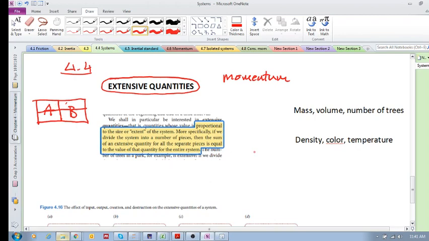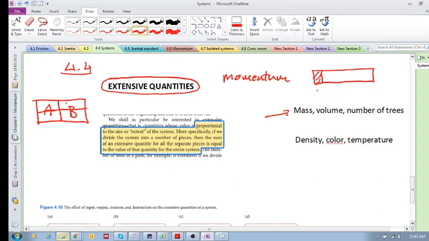And so examples of extensive quantities are mass. Look here. If you've got say a wooden plank, okay? Do you agree with me that the mass changes if I just look at that section of the plank there? That section of the plank, the mass there is different from the total plank because the size has changed.